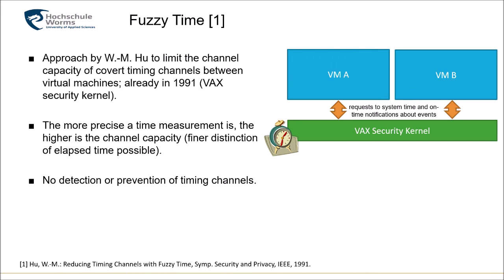And in the end, the point here is that these interrupts could be exploited to represent covert timing information just by influencing the timing of events. And the more precise the timing measurements are, the more bits can be transferred per unit of time.